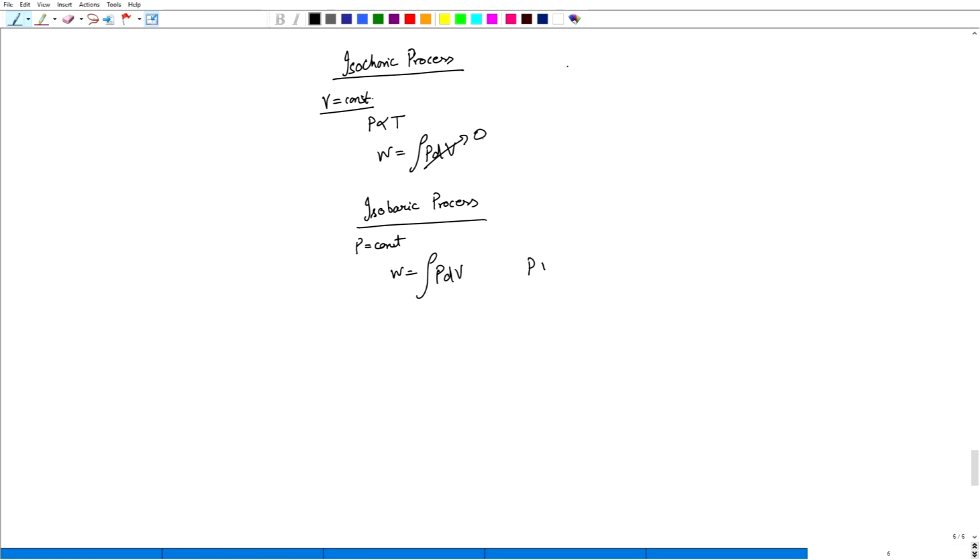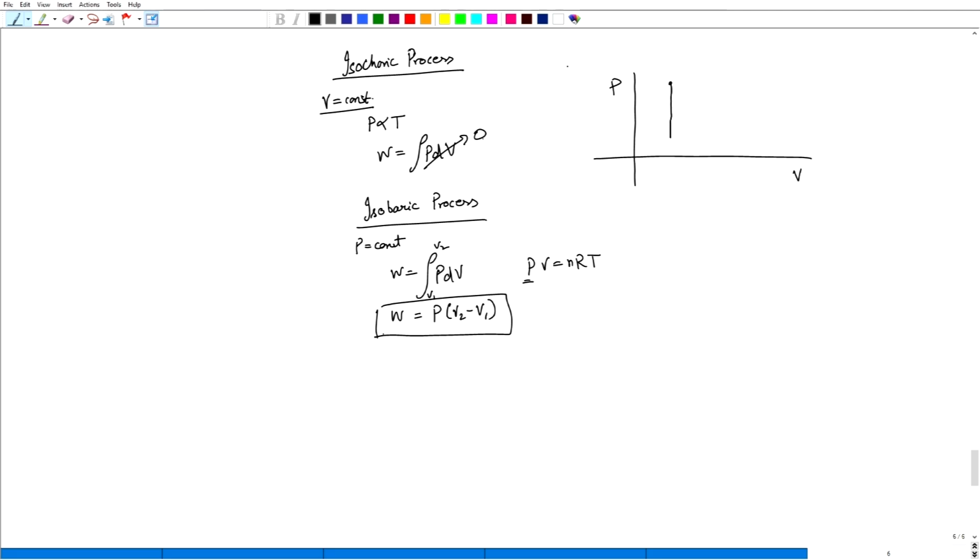We know PV equals nRT. P is constant, so if I integrate from V1 to V2, it is nothing but P times (V2 minus V1).